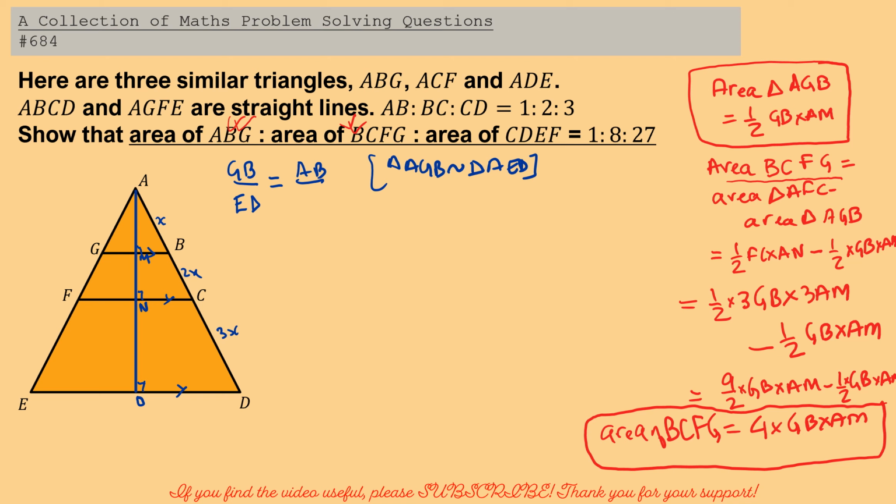Okay, not AB out of AB, sorry. AB out of AD, right?